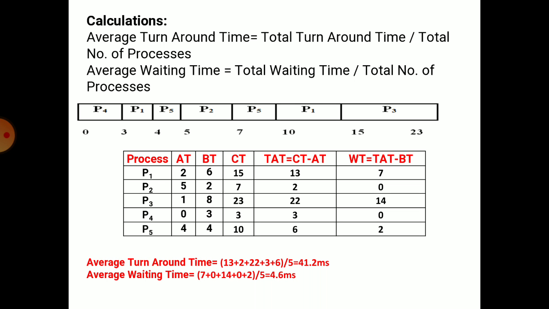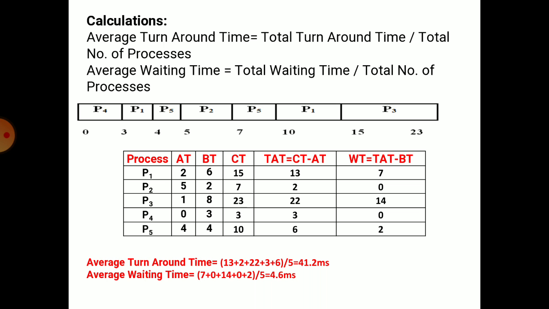Then P2, 2 minus 2 is 0, because P2 arrived in the queue and immediately got the CPU. Next P3, 22 minus 8 becomes 14. P4 arrived and immediately got the CPU, so its waiting time is 0. And P5, 6 minus 4 is 2.